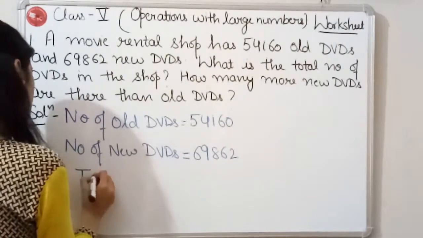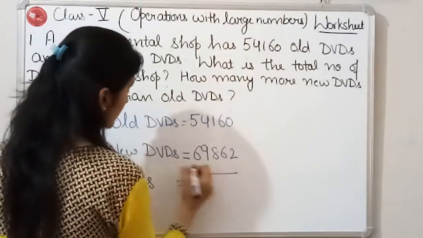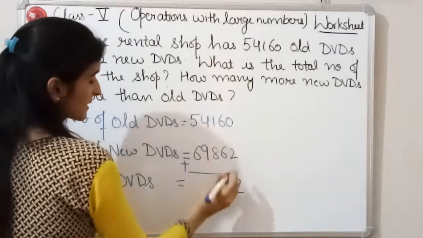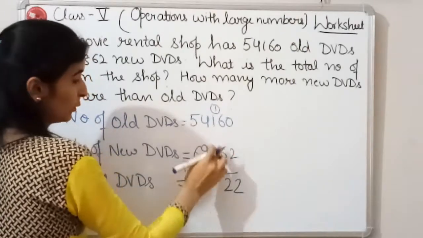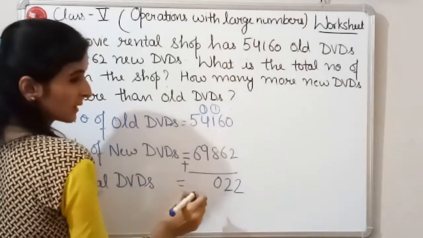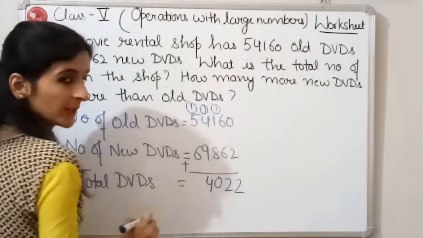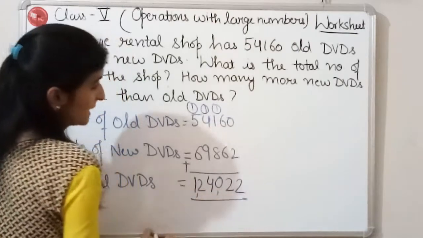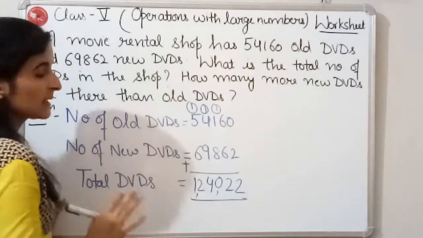So total DVDs will be, for that we have to add them. 0 plus 2 is 2, 6 plus 6 is 12, 1 carry, 1 plus 1 is 2, 2 plus 8 is 10, 1 plus 4 is 5, 5 plus 9 is 14, 1 plus 5 is 6, 6 plus 6 is 12. So it means there are 1,24,022 total DVDs in the shop.